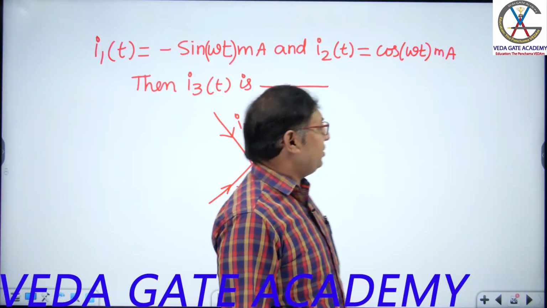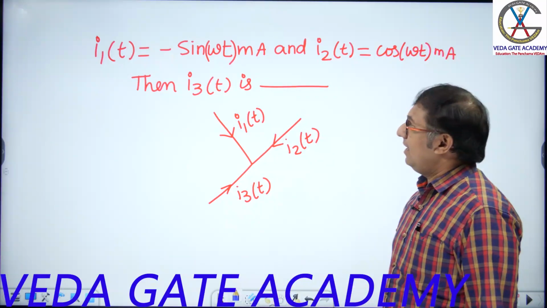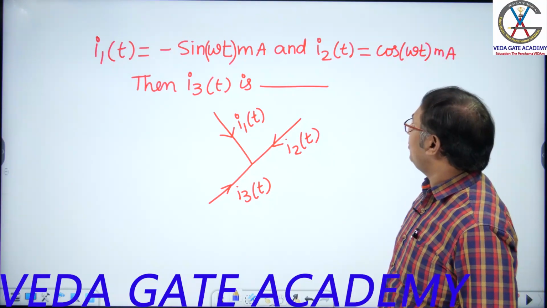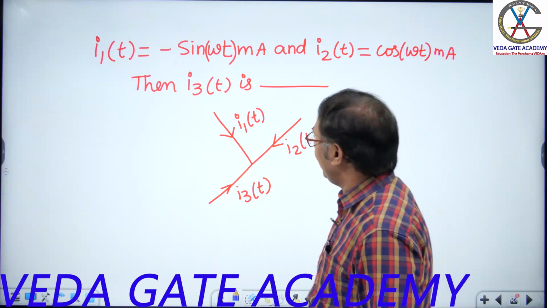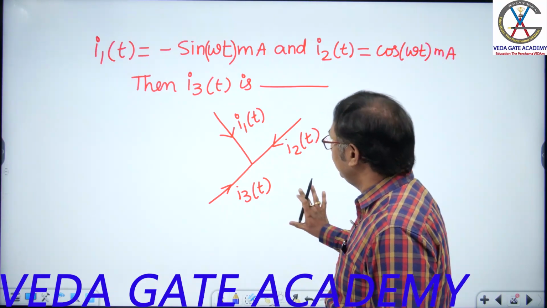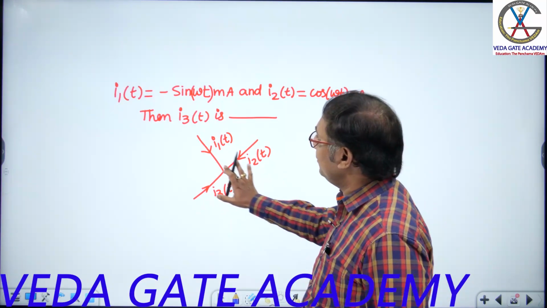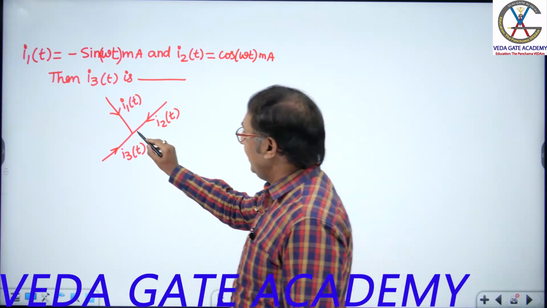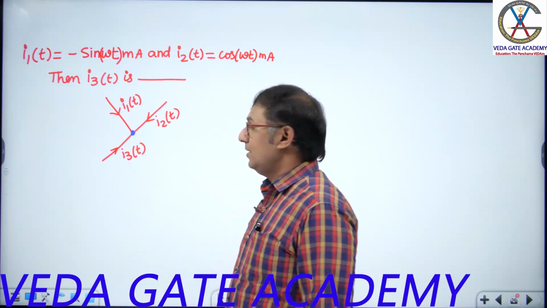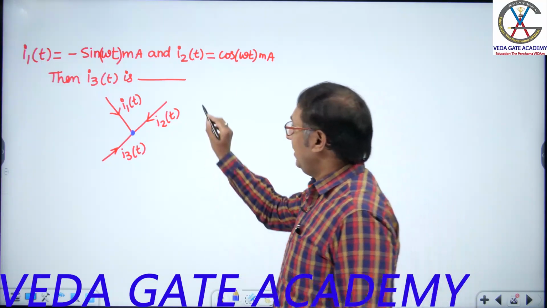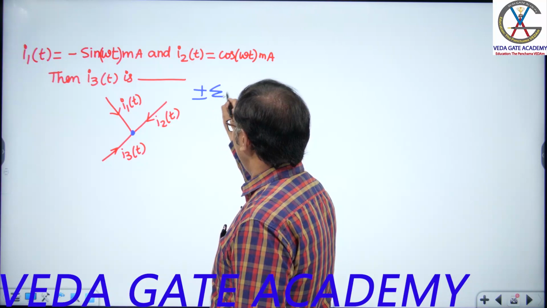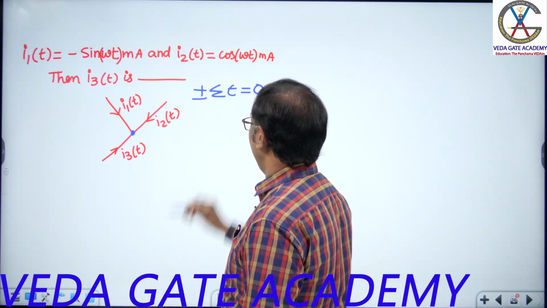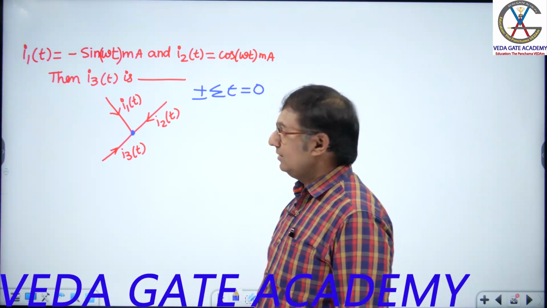One more simple question. I1 of t is given, I2 of t is given, and the exam's interest is I3 of t. Let us apply KCL over here: by KCL, sigma of entering currents equals 0.